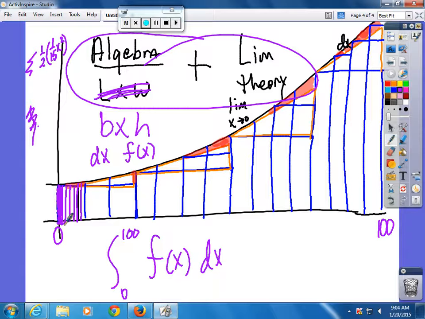You ever seen AutoCAD work? When you hatch something, what are you doing when you're hatching under a curve? Doing this, not this. You're doing this right here. If you zoom in on AutoCAD, you'll see it goes up, and it goes down, and it goes up, like that. And that's what you're doing.